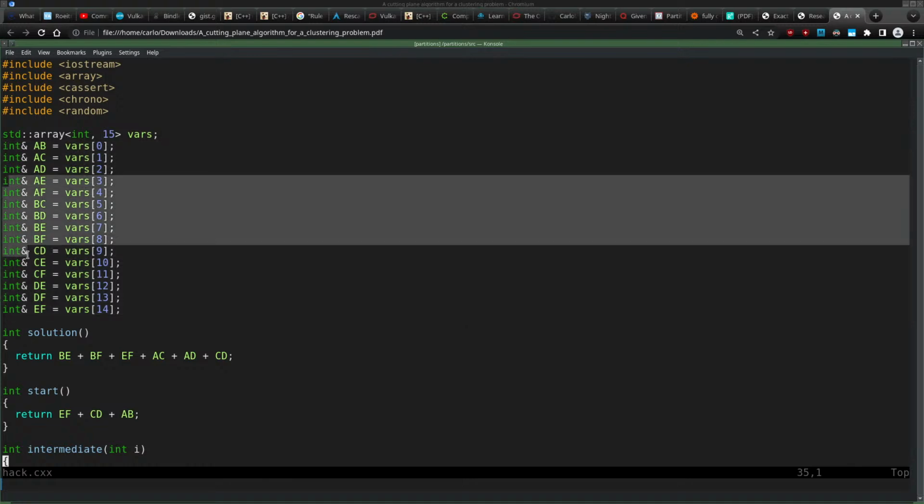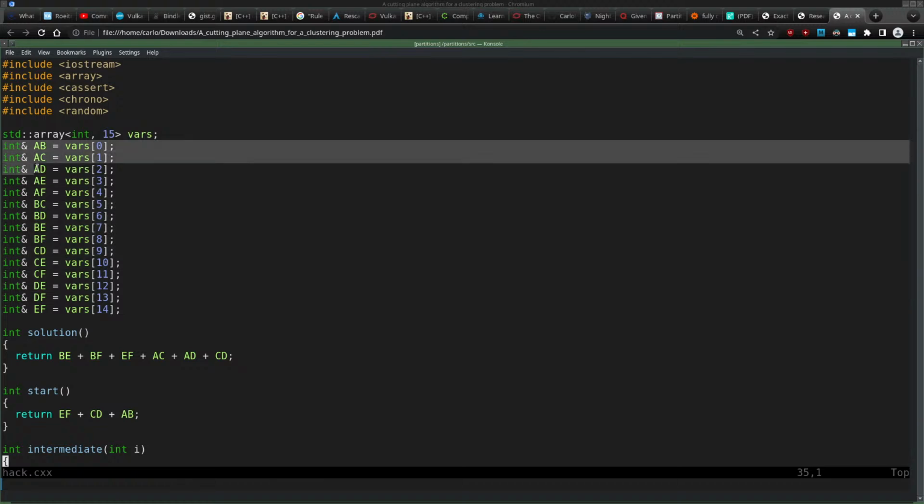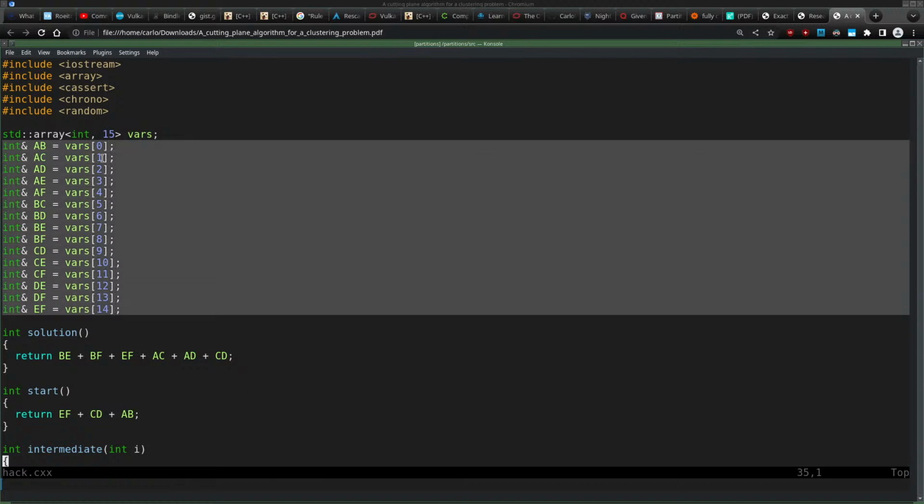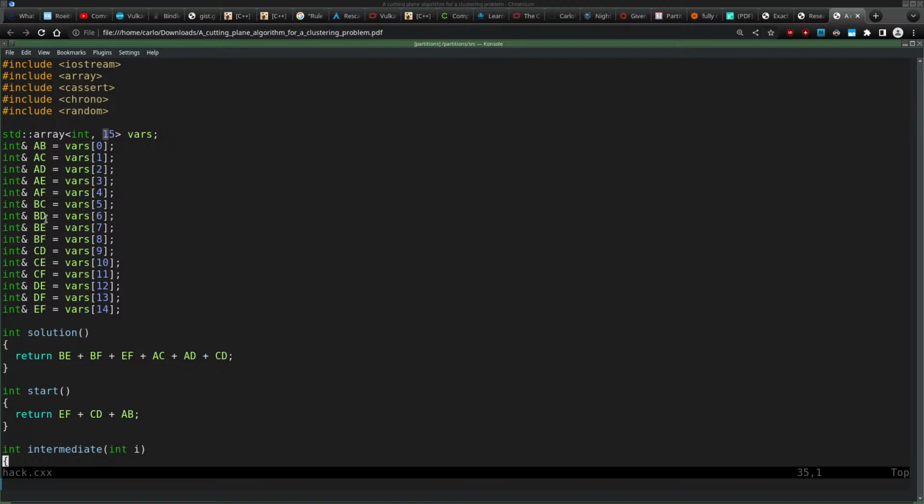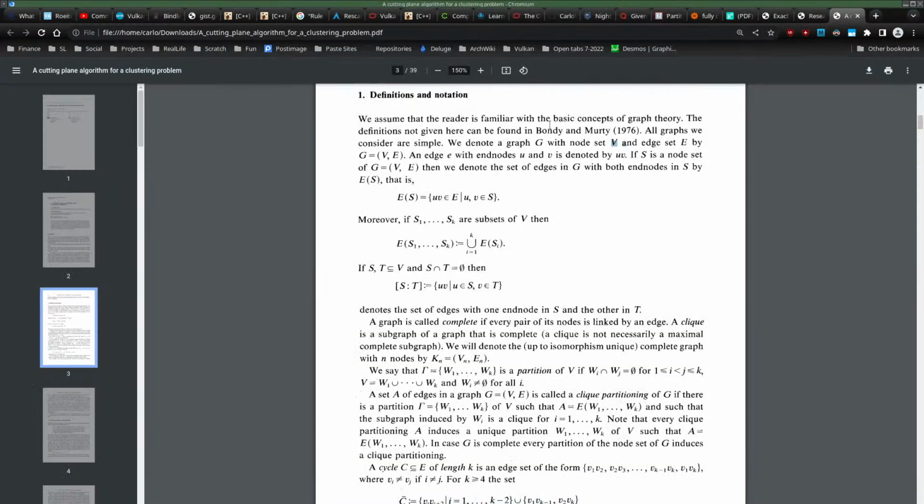This whole collection, there's 15 of them, is the set E of all edges. And a graph can be expressed from the set of vertices and the set of edges. Then you have the whole graph defined.